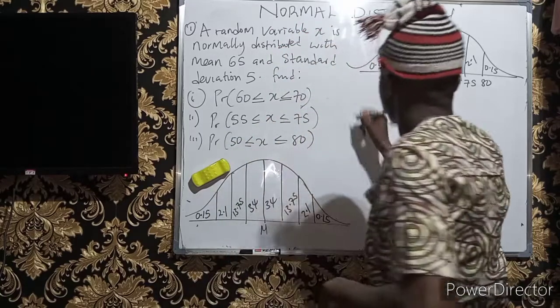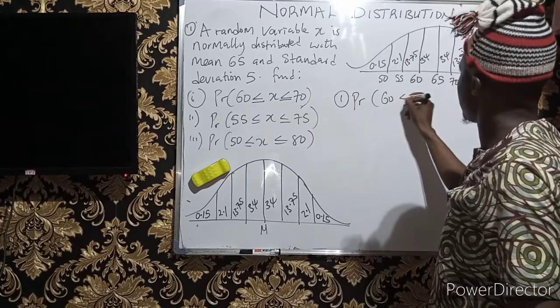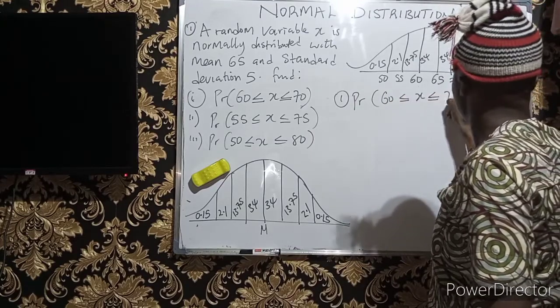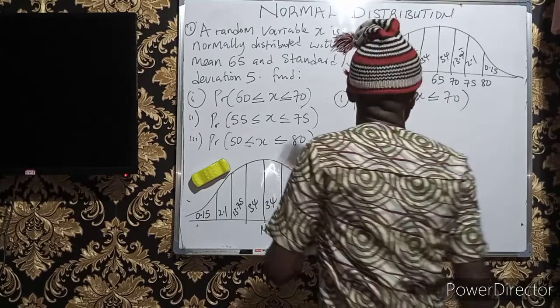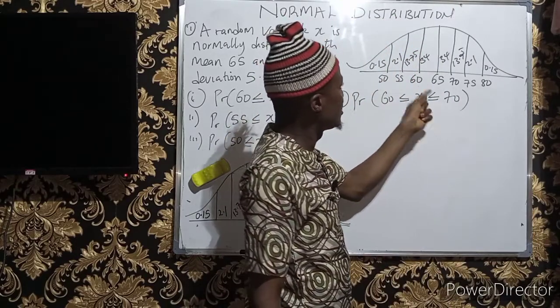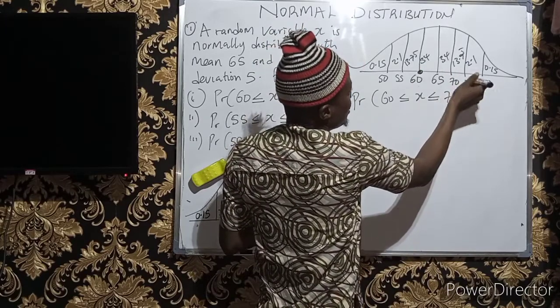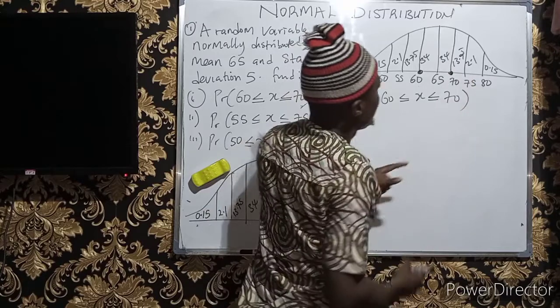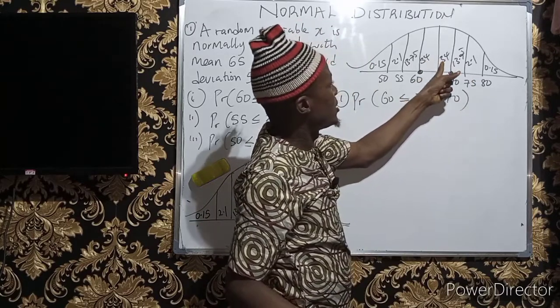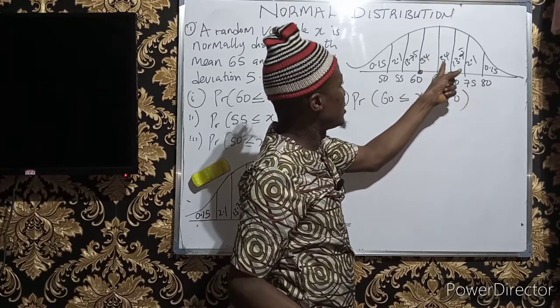So the first question here says the probability within this region, 60 less than or equal to x less than or equal to 70. Now this is just talking about the probability between 60 and 70. Look at 60 at this point, and look at 70 at this particular point. So you've got to sum 34 plus 34 because the range 60 to 70 lies just in 34 and 34.